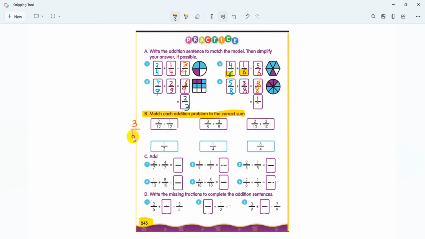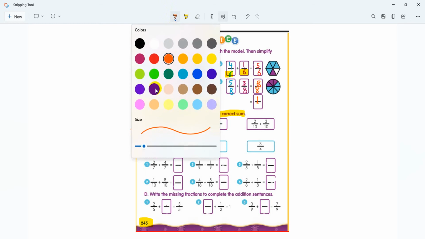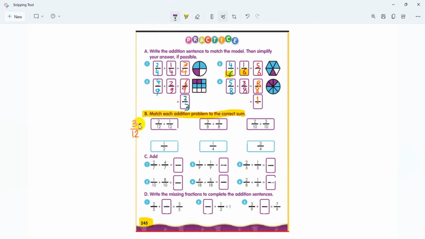If we divide by the greatest common factor for numerator and denominator, 3 and 12, you can divide by 3. Here if we divide by 3 up and down, we get 1 up and 4 down, because 3 divided by 3 is 1, and 12 divided by 3 is 4. So we can match this addition with this sum.